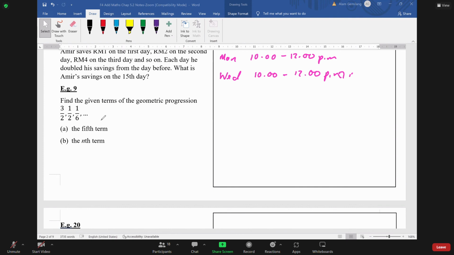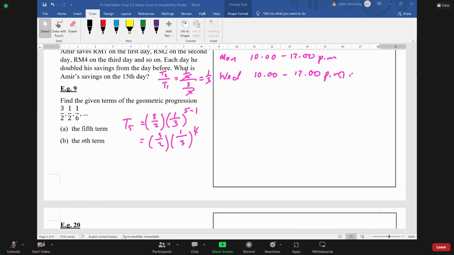Okay, fifth term, right? So T5, A is 3/2. Then R is T2 divided by T1, so it's 1/2 divided by 3/2, right? So this cancels, that means it's 1/3. So R is 1/3, power of 5 minus 1. So this is 3/2 times 1/3 power of 4.